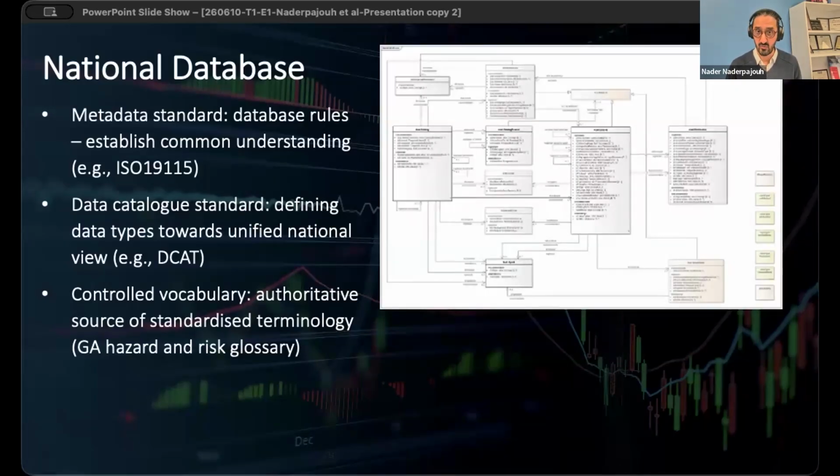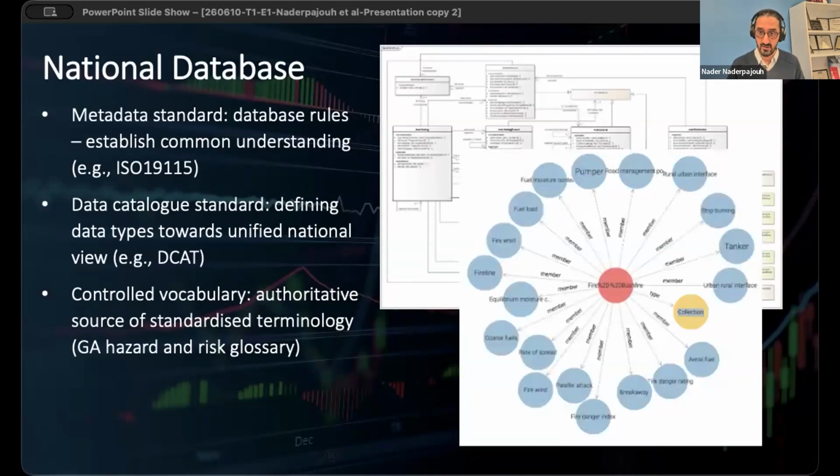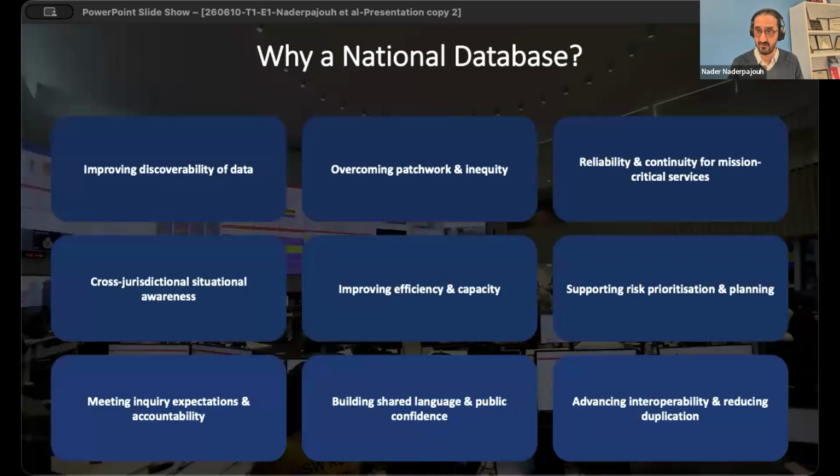We use ISO 19115, and DCAT would be what we are proposing for the vocabulary, to make sure that everybody is aligned and uses the same vocabulary for the national database. So these can be the infrastructure for going towards a national database. And again, you will see some details of it shared later today by Rafi.